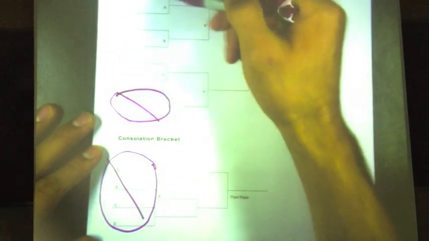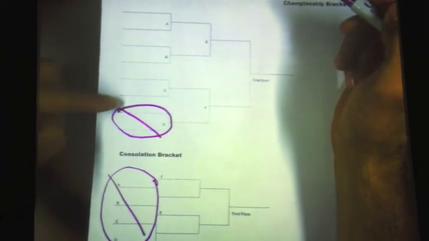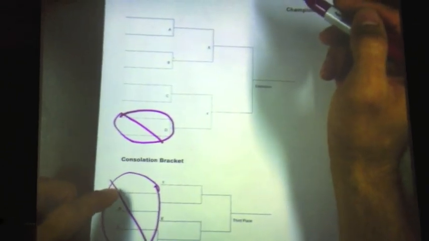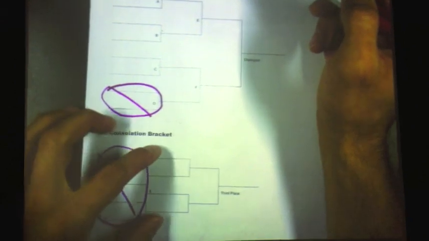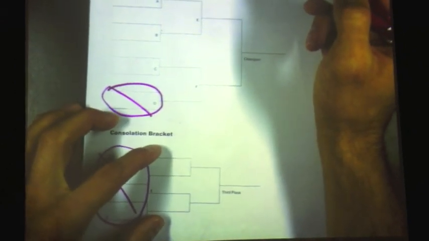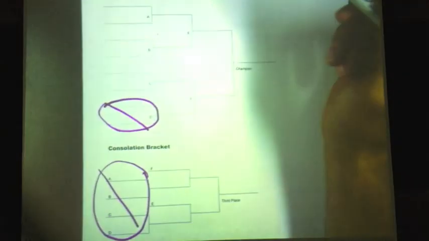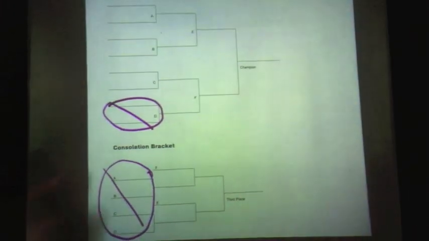And actually, these 2 right down here, I'm not going to use in this bracket either, because you'll notice that if I have 6 people, it's going to go 1, 2, 3, 4, 5, 6. 7 and 8 are not going to be used. And for the consolation, there's only going to be 4 people at the end: 1, 2, 3, and 4. So everything adds up, and it'll make more sense as I fill everything in.